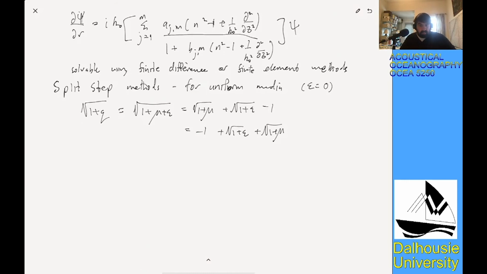And we can increase efficiency of 1 plus q, 1 plus mu plus epsilon, by including even more terms.